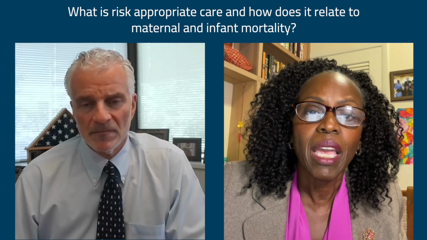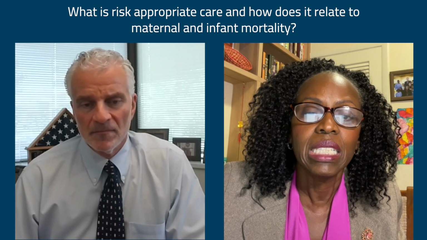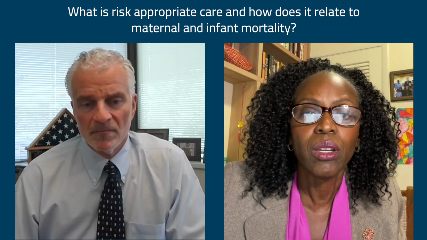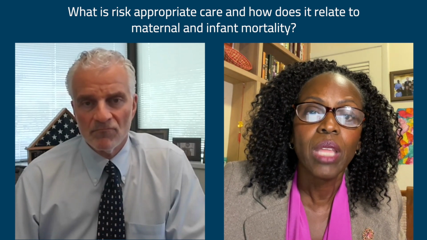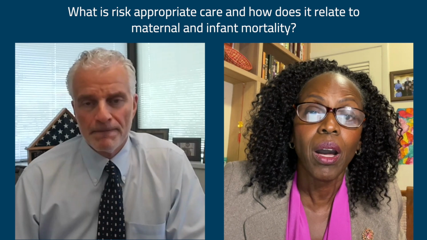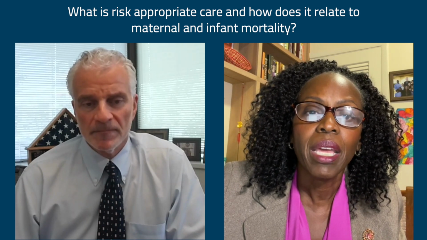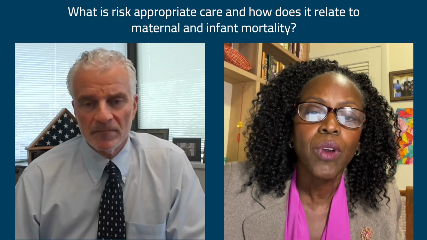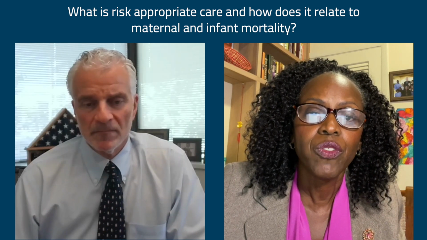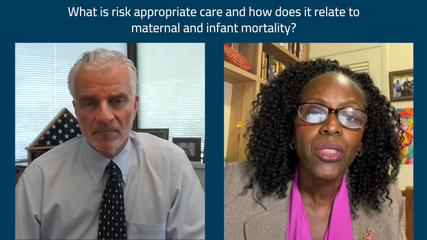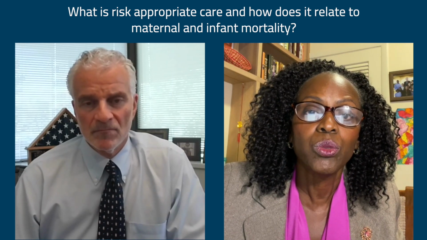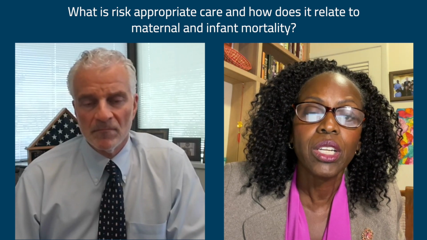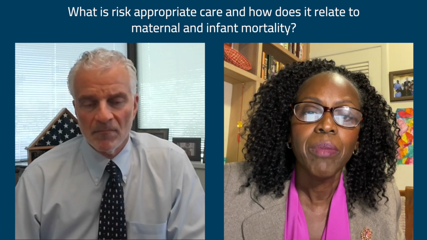Granted, they each may have their own distinct complications and needs, but it is also very important for us to work together to coordinate the care so that there are the best outcomes possible for both. And as you alluded to, neonatal levels of care go from a more baseline level in terms of those with relatively healthy outcomes to higher levels, which include subspecialty care and resources to care for the most complex infants.